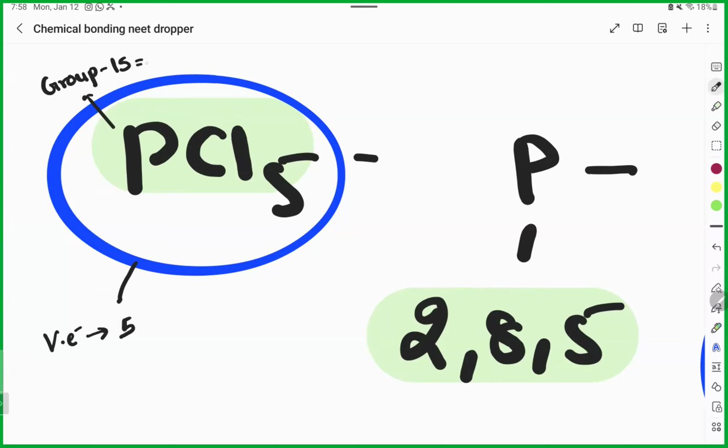So atomic number is also 15. So first shell 2, second shell 8, third shell 5. So valence electron 5. What is the bond pair in this case? 5. So if bond pair is 5, valence electron is 5, what will be lone pair? 0. Done. Yes, sir.